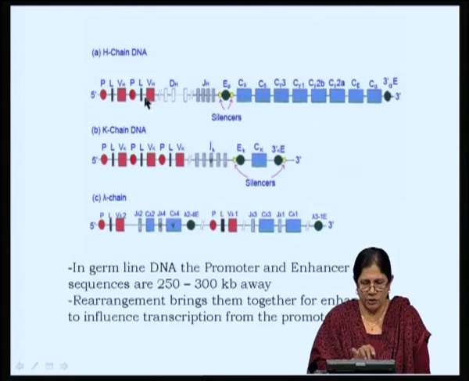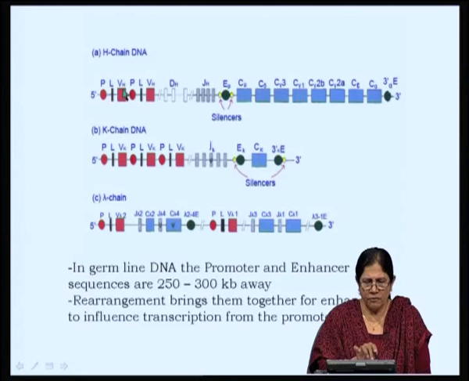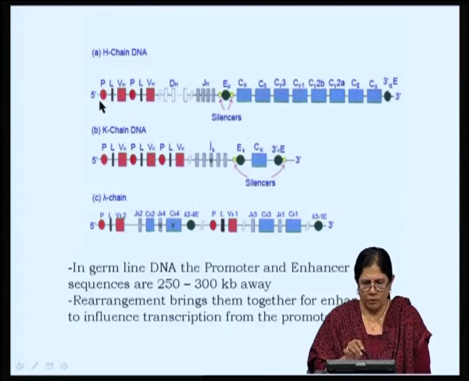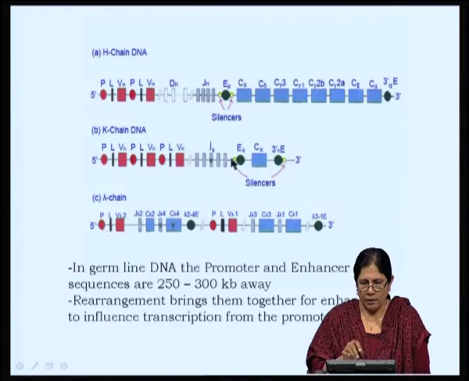So, you can see the presence of a promoter on every variable gene segment, which is a part of the variable domain of the immunoglobulin gene, not only in the heavy chain but also in the light chain. Now, there are enhancers which are on the 5 prime side of the constant domain, also in the kappa and the lambda light chain.